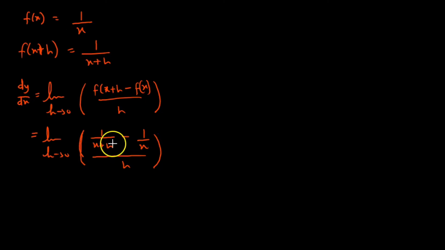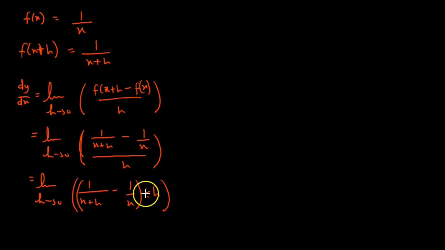Now, because it's a function over another function, let me try and write it in a very simplified form for better understanding. This is the same as limit as h approaches 0 for 1 over x plus h minus 1 over x, all divided by h. And remember, the division sign can be changed into multiplication, so we are going to end up getting it as limit as h approaches 0 for, now let's simplify what is here.